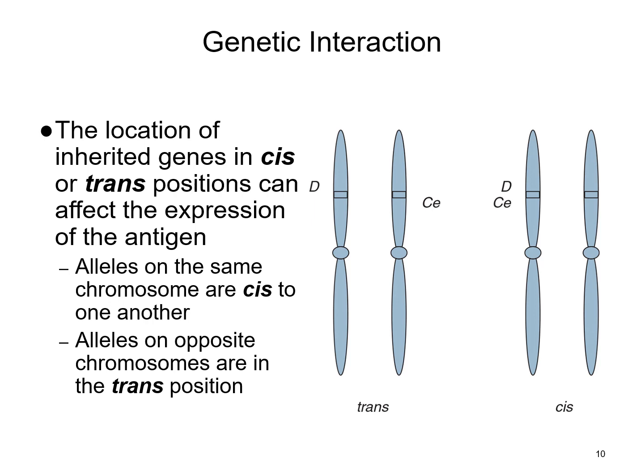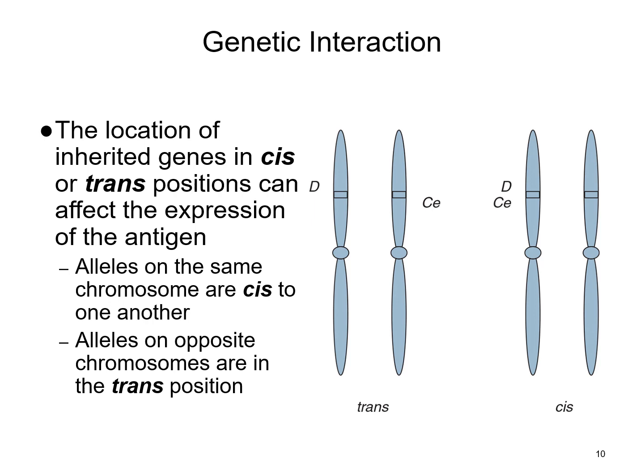Now sometimes genes can interact with each other, and of course it depends on whether or not they are inherited on the same chromosome, so this is a cis expression, or on opposite chromosomes, so this is a trans expression. These interactions may weaken the expression of one of the antigens encoded by the particular genes.